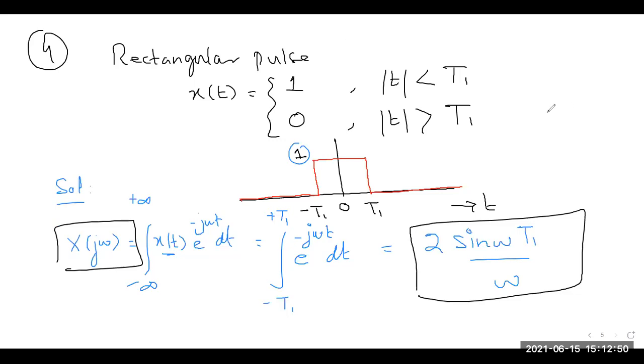so let me plot it somewhere over here. So now I'm plotting the Fourier transform, which is a function of omega. The shape, if you plot this, is what you will get.